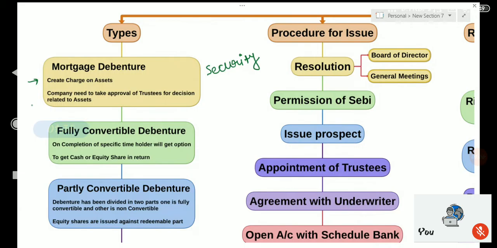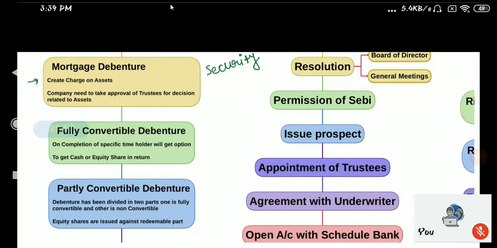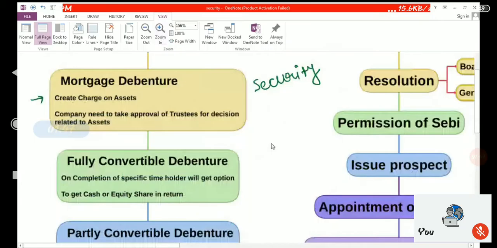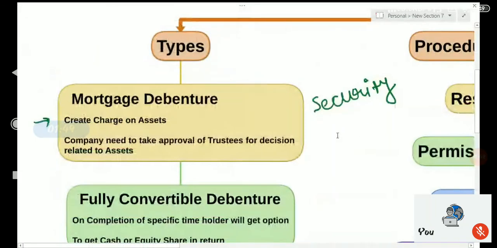The company needs to take prior approval of trustees for decisions related to these assets. If the company wants to sell these assets, then at such point of time the company has to take prior approval of debenture trustees.